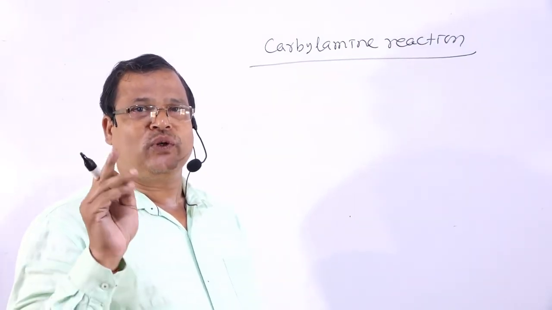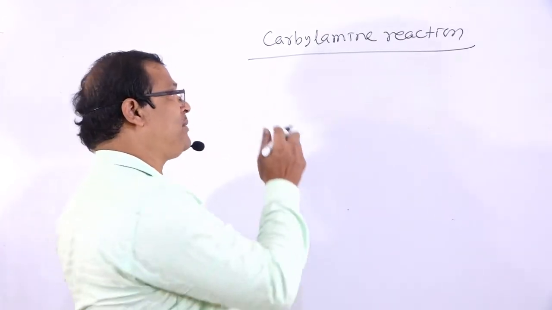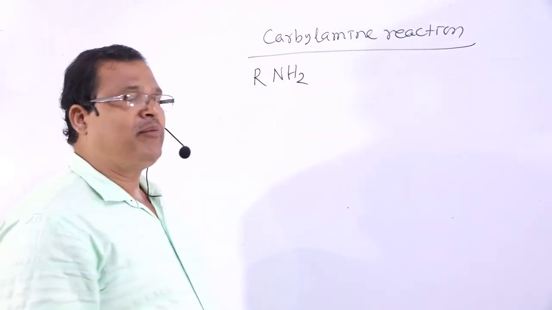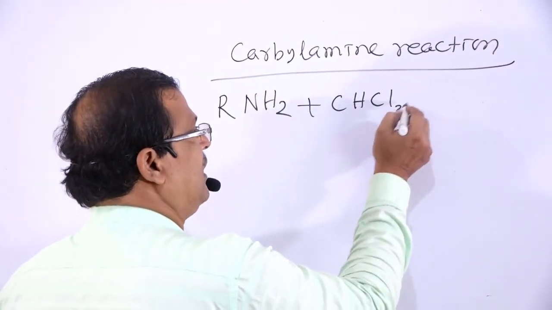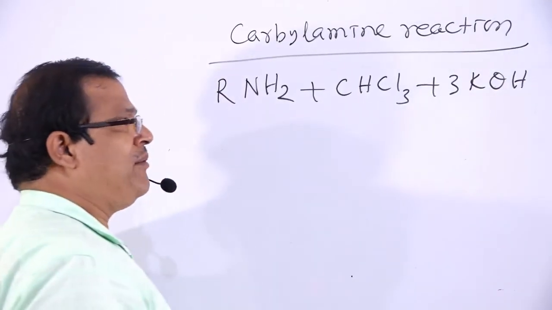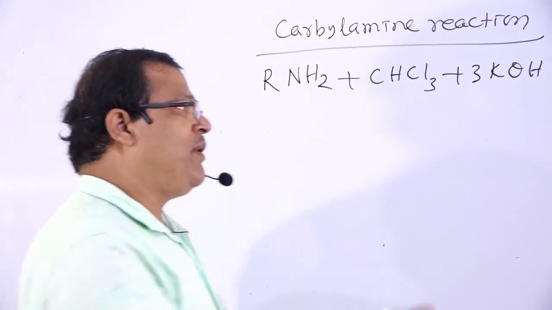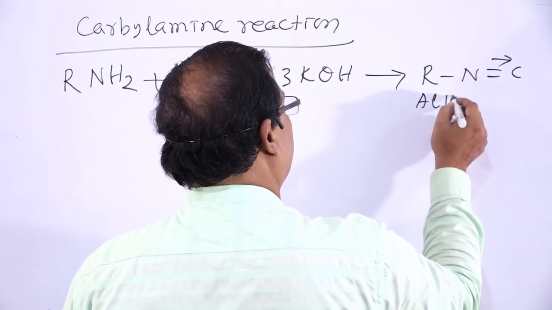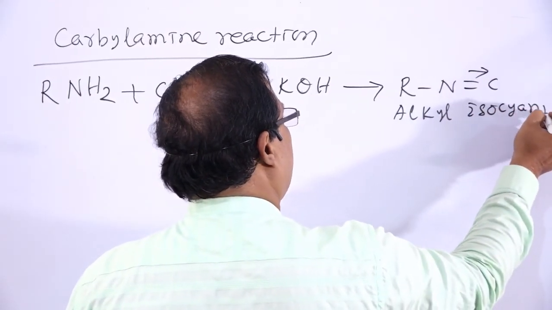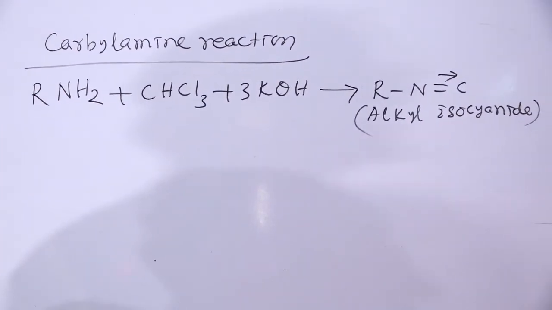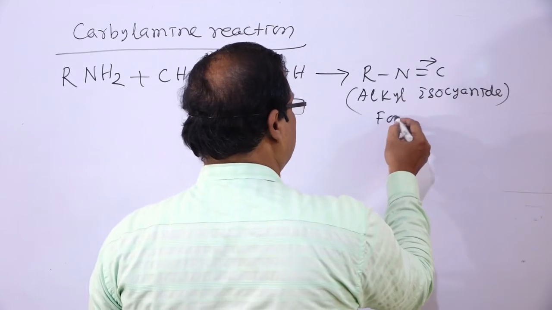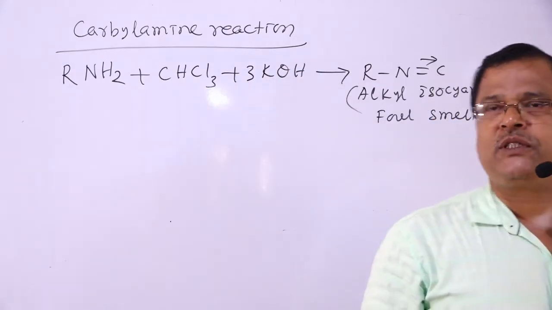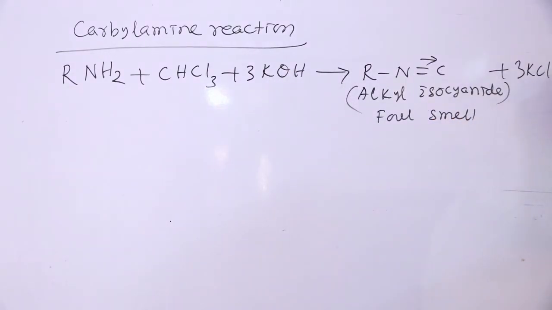Whenever primary amine, RNH2, is treated with chloroform and KOH, there is the formation of alkyl isocyanide, RNC, having a very disagreeable foul smell, plus 3 KCl plus 3 water.